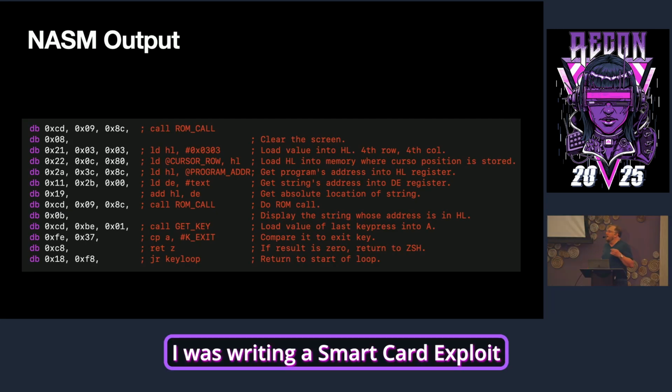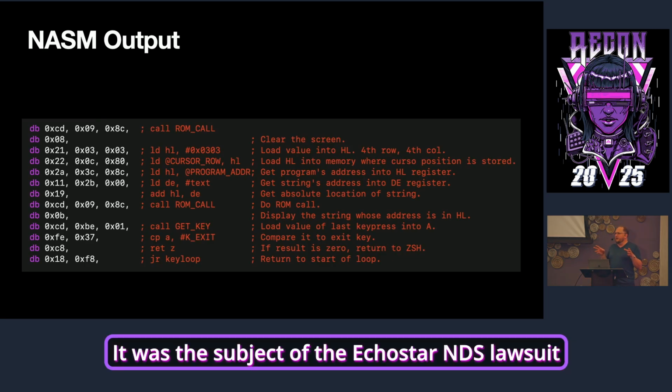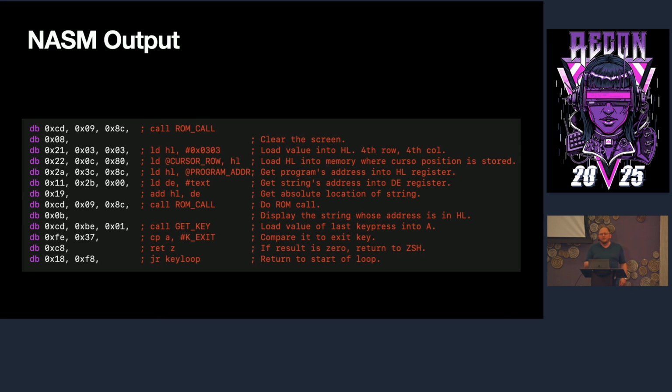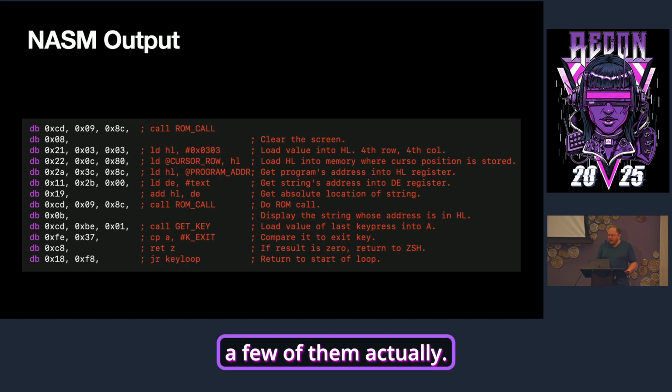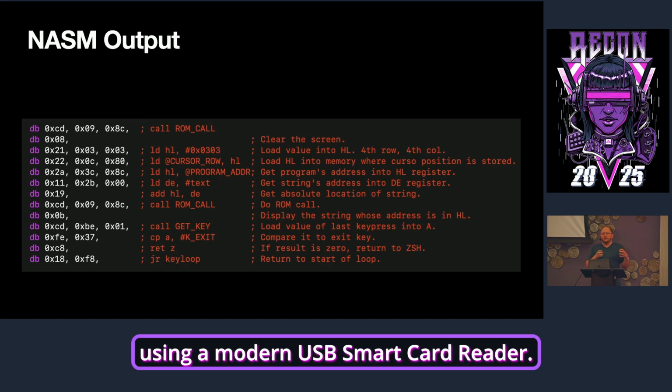I was writing a smart card exploit for the Nagra ROM 3 card. This was released in 1998. It was the subject of the EchoStar NDS lawsuit, in that NDS had written an exploit against this card, a few of them actually. So I wrote my own, using a modern USB smart card reader.